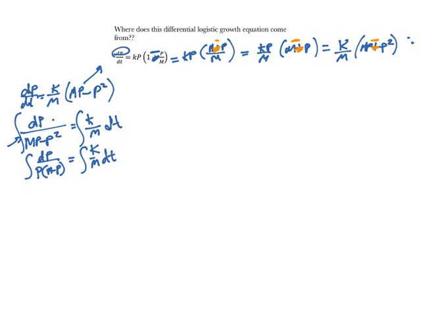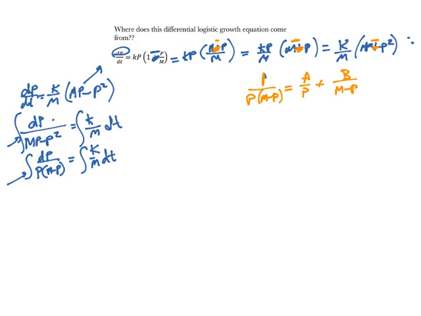So this is where partial fraction decomposition comes in, because the only way to integrate this is to separate that into two separate fractions. So I have really 1 over p times m minus p. That would be a over p plus b over m minus p.